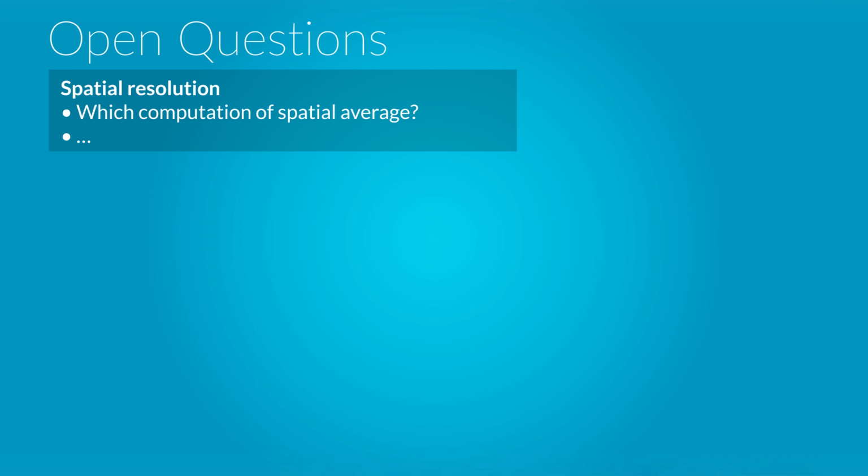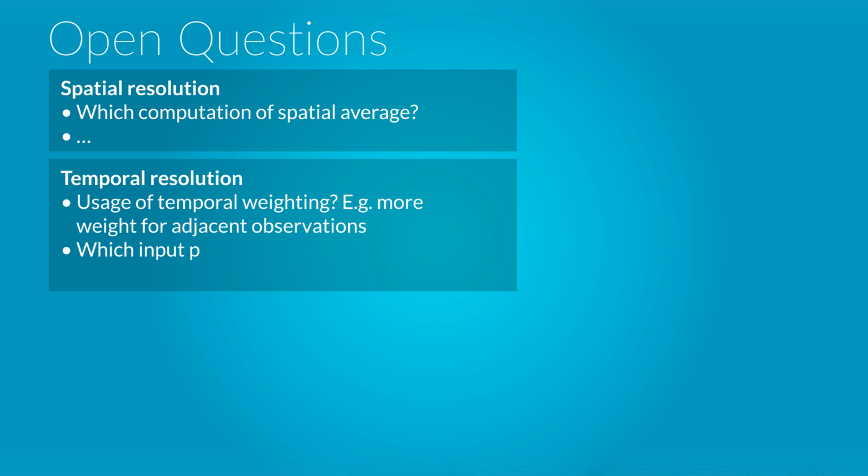We can, for example, use the spatial average of total water storage changes or the spatial average of the indicator output. Both methods lead to different results, and we need to find out which result is the more realistic one. Then we also have some temporal resolution questions.